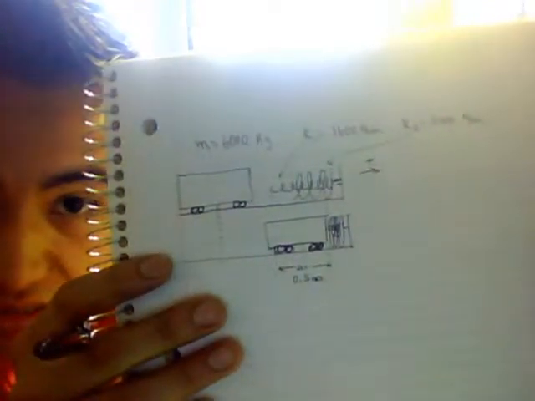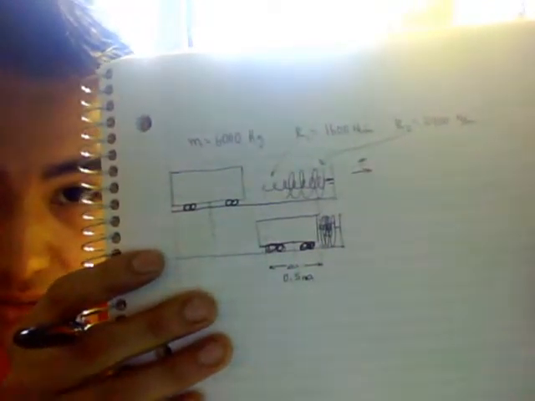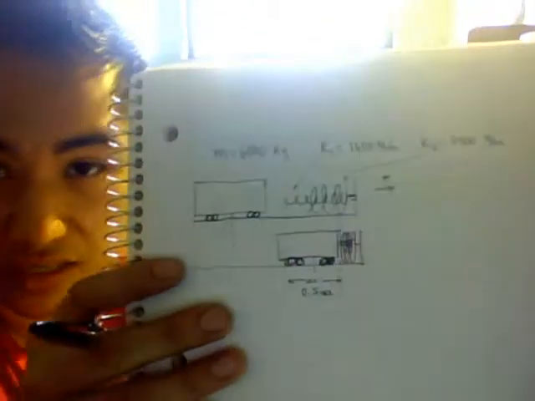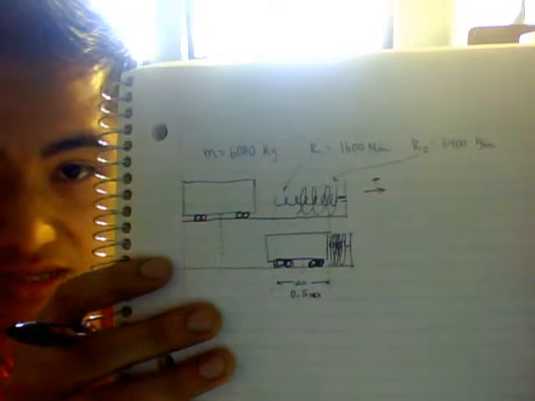So make sure you read the problem carefully. List your knowns. You know the mass of the freight car, which is 6,000 kg. You know the spring constant of the first spring, which is 1,600 newton meters.